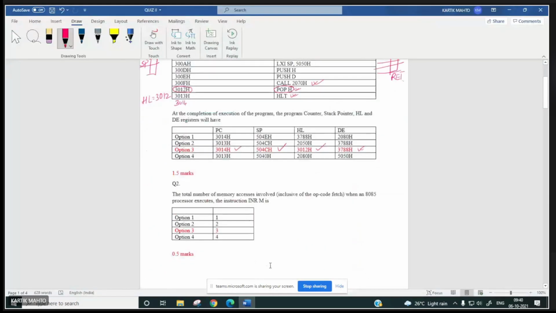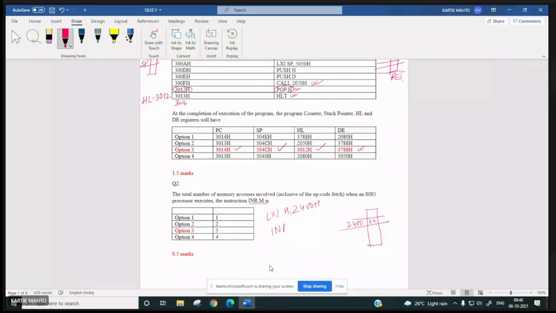Next, the total number of memory accesses involved when the 8085 processor executes the instruction INR M. INR M means suppose in memory location say 2400 we have some data say XX, and LXI H 2400 is there, and if you write INR M, what will happen? First of all, the INR M opcode will be fetched, so memory will be accessed one time.